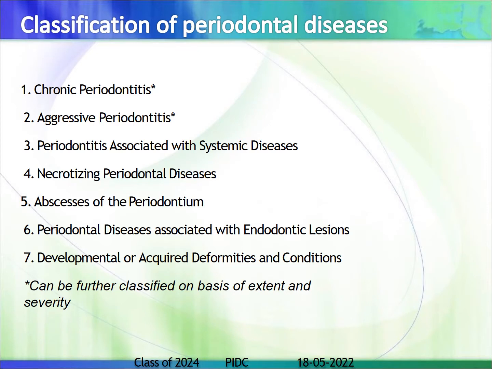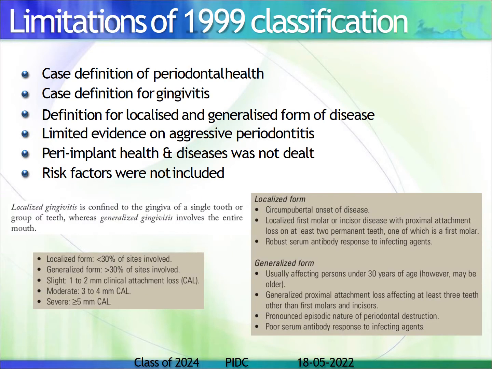So in the 99 classification, you do have a set of 7 periodontal diseases, but there were certain limitations of the 99 classification, wherein they couldn't give a proper case definition for periodontal health, they couldn't give a proper case definition for gingivitis, the definition for the localized and generalized form of disease was not defined, and there was a limitation on the evidence of a disease called aggressive periodontitis.